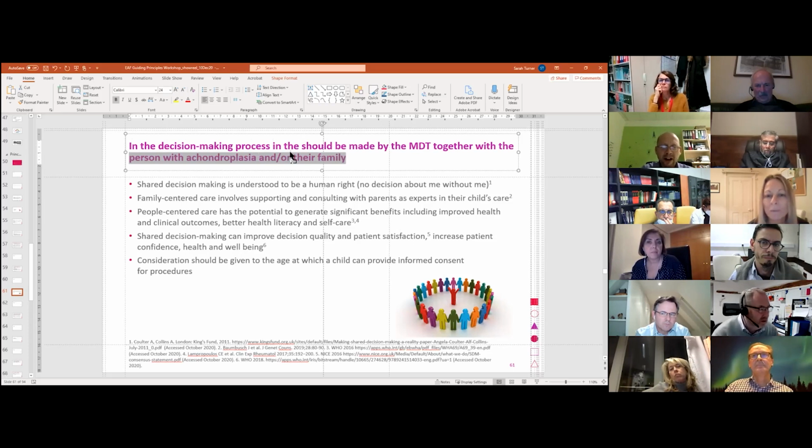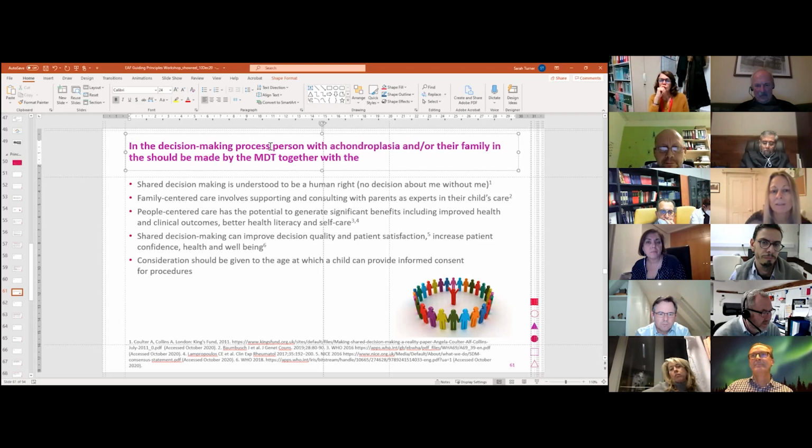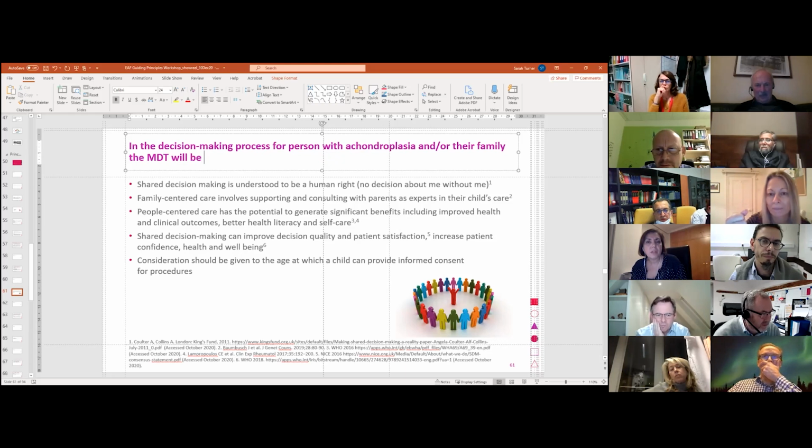So I think the principle that we're trying to prove is that there should be a multidisciplinary team involved, and the person with achondroplasia or their family should also be involved. That's what we're trying to achieve here, is it, with the sentence? Yeah. Okay. Will be involved.